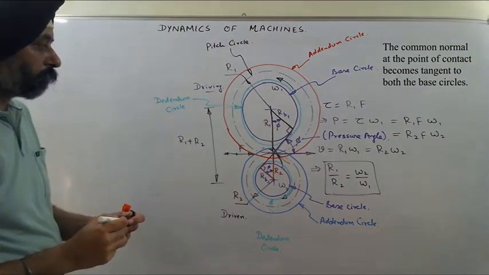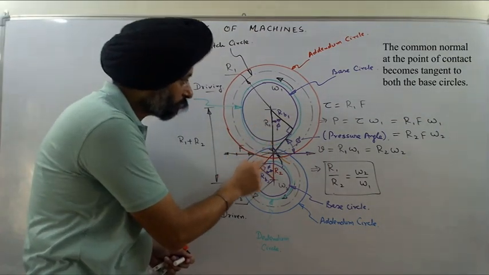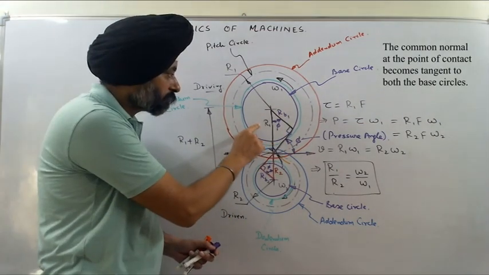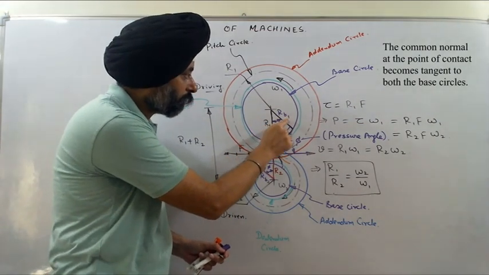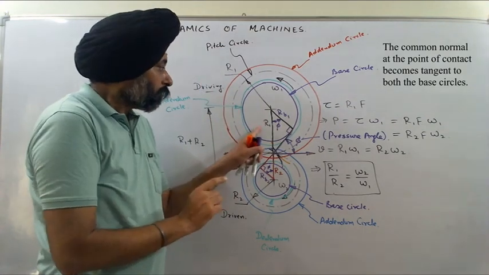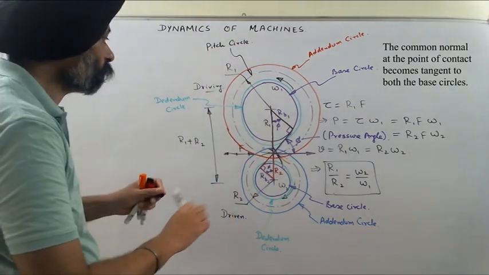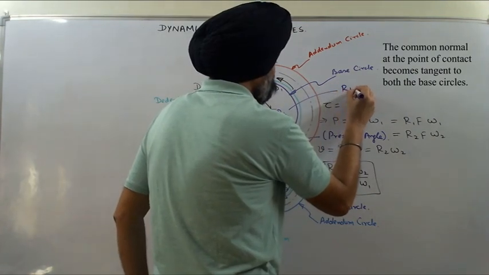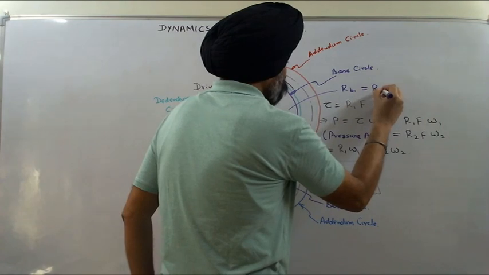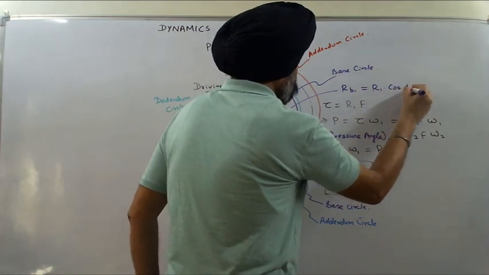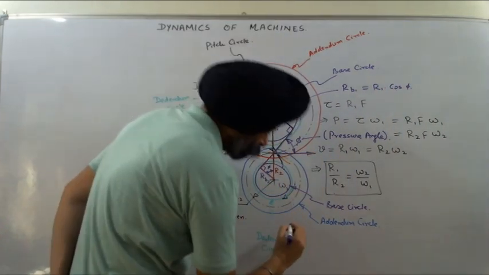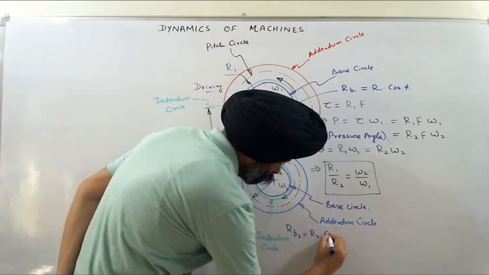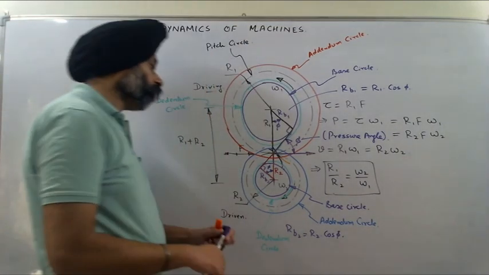So this is phi, this is also phi, and this is a right angle triangle. So this gives us the relationship between R1 and RB1. So RB1 equals R1 into cos phi, and likewise here also RB2 equals R2 into cos phi, where phi is the pressure angle.